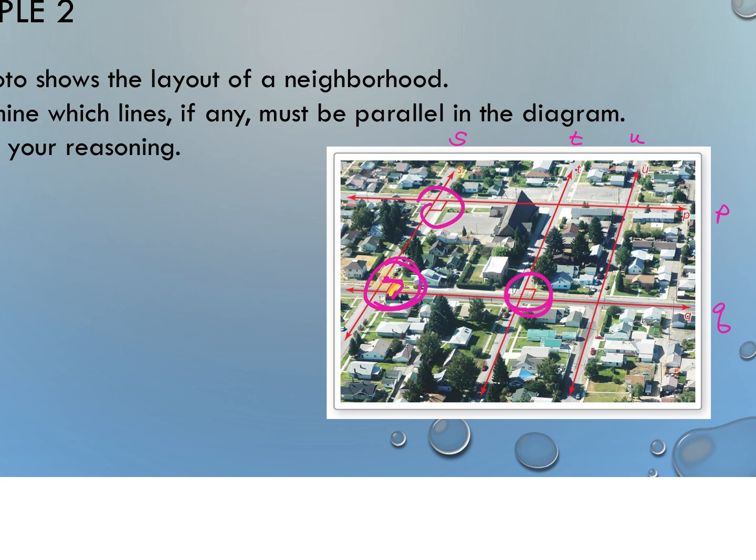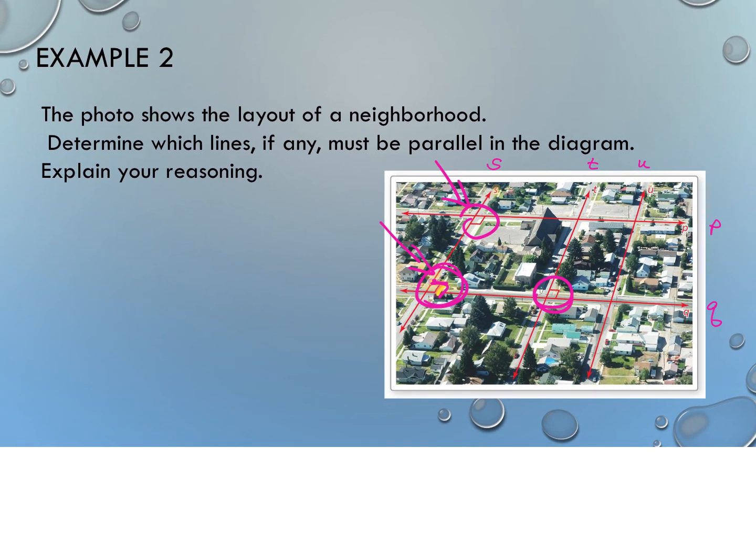So what I could state here is that since lines P and Q are both perpendicular to S, because of these right angles, by the lines perpendicular to a transversal theorem, P is going to be parallel to Q.